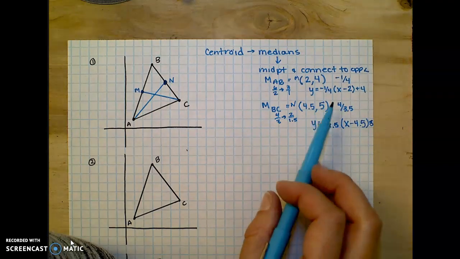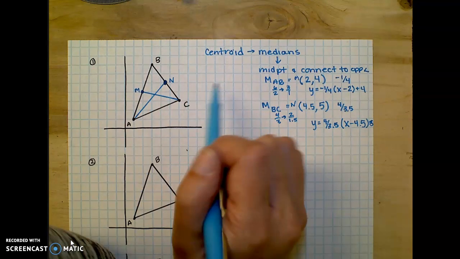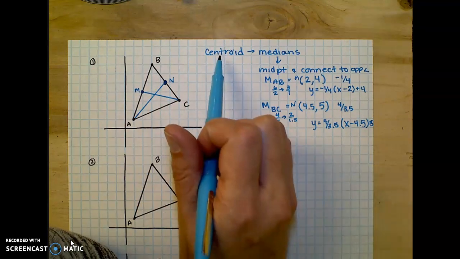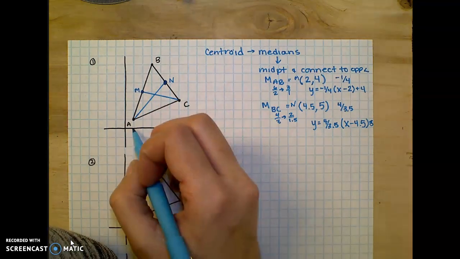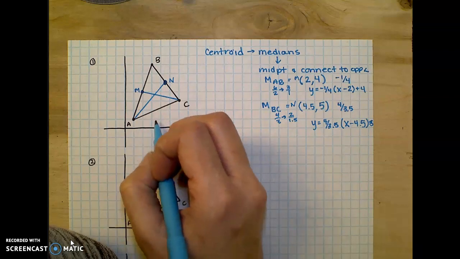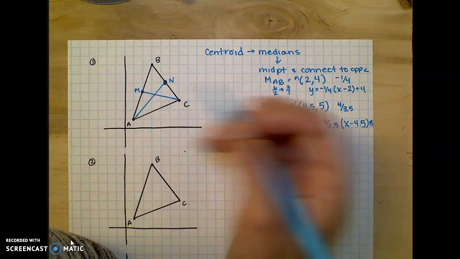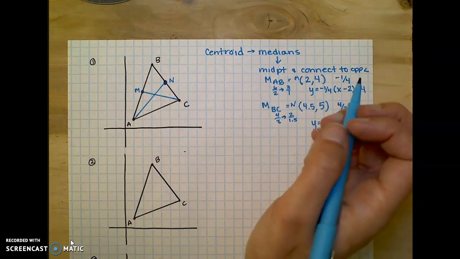Once I have those, then I can distribute and get them in standard form so that I can set them equal to each other to find the centroid, but also it just looks like my centroid is at 3-ish, 4-ish. Okay, so hopefully that helps.